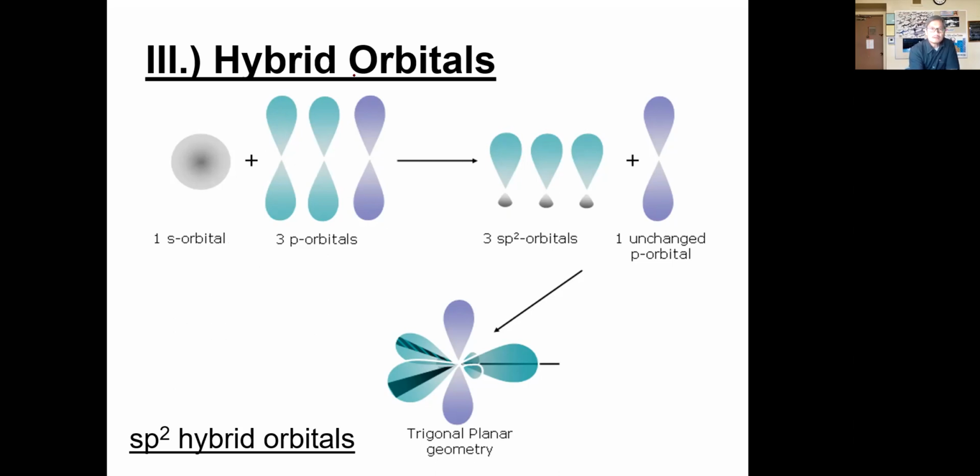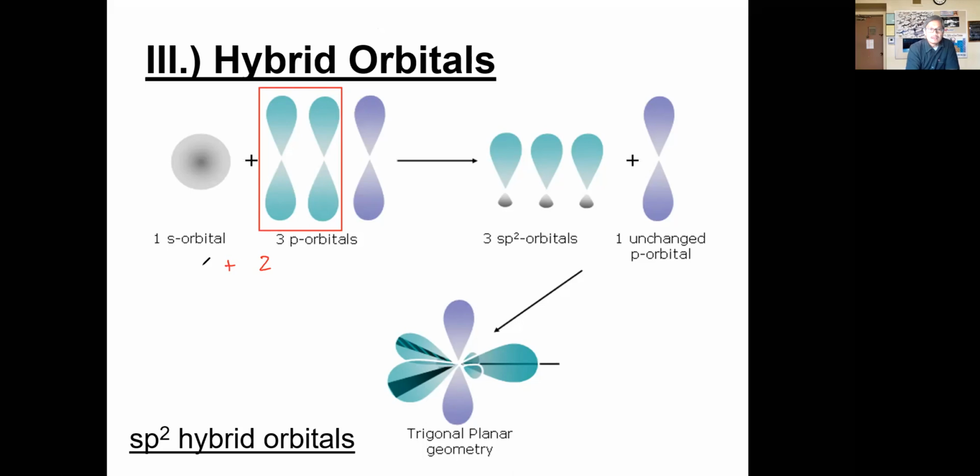So we take the s orbital here, and what we do then is we combine it with only 2 of the p orbitals.